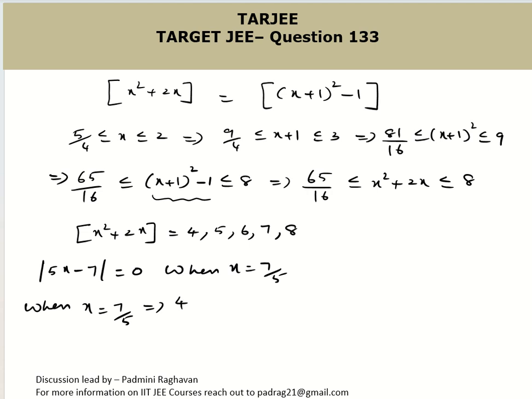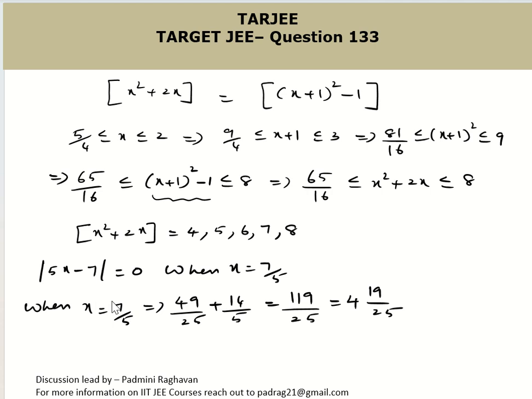This is going to be 49 by 25 plus 14 divided by 5, which is going to be 14 5s are 70. 70 plus 49 is 119 divided by 25, which is going to be 4 19 by 25. So what is our understanding? Modulus of 5x minus 7 will take its minimum value 0 when x is equal to 7 by 5.